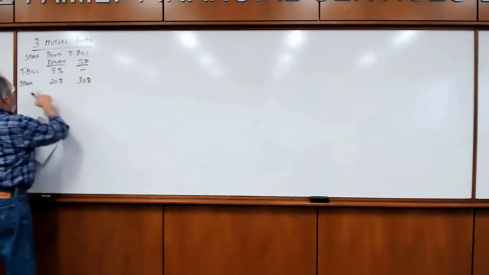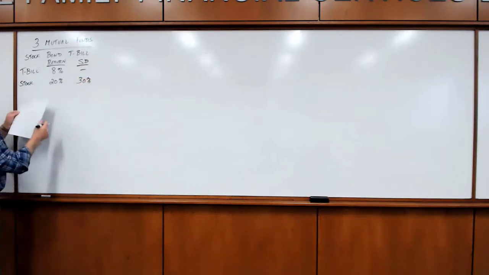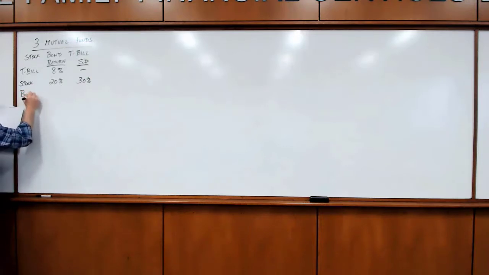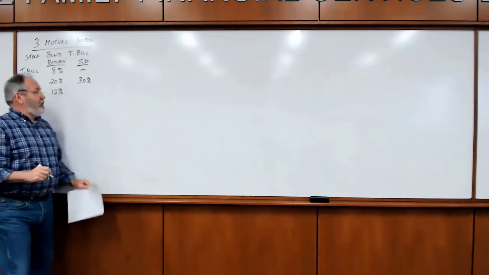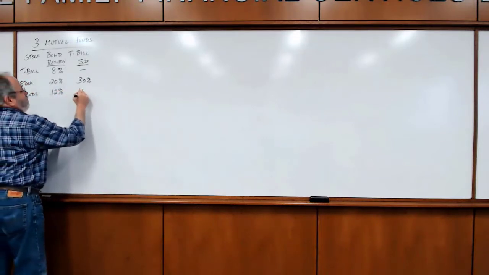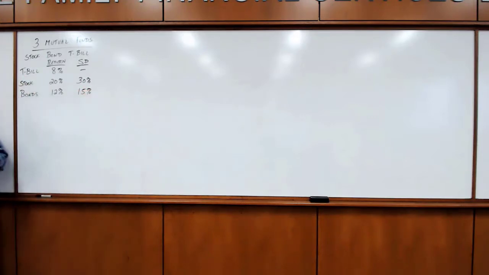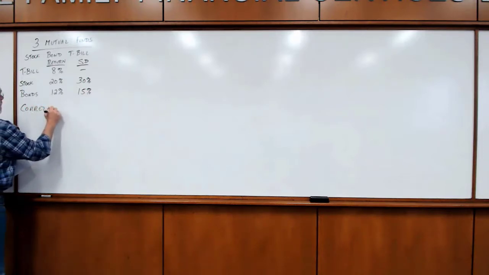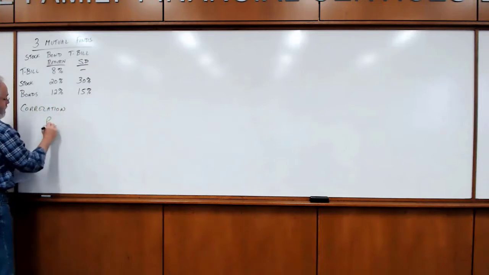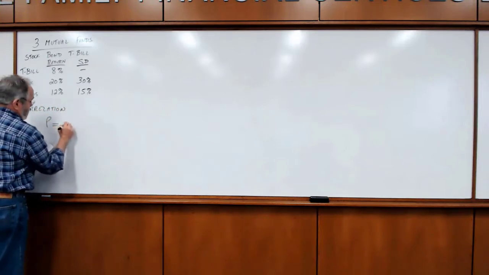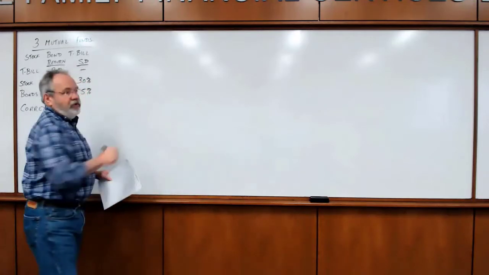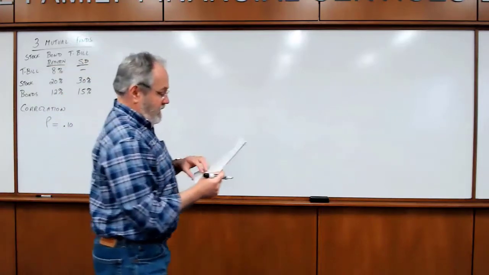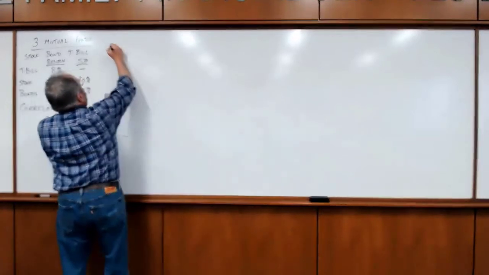The standard deviation of the stock mutual fund is 30%. Bonds return 12%, with a 15% standard deviation. Correlation, rho, is 0.10. Okay? So this is information we need to solve 4, 5, 6, and 7, and then maybe 8. Problem 4.